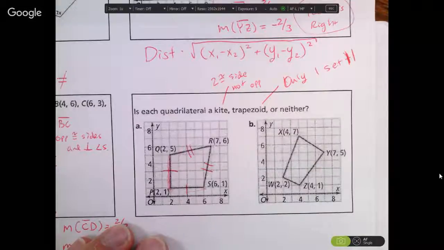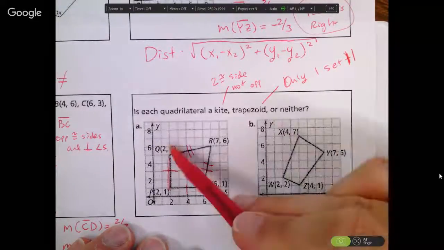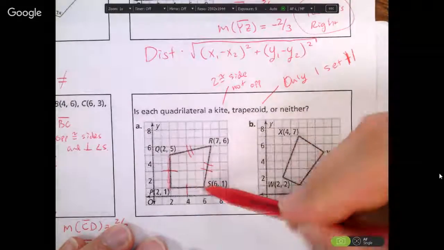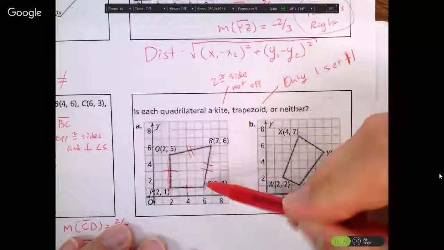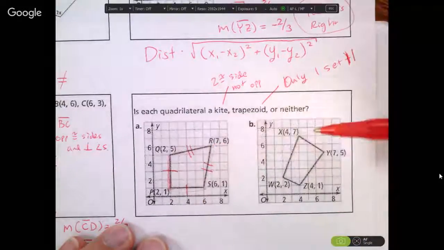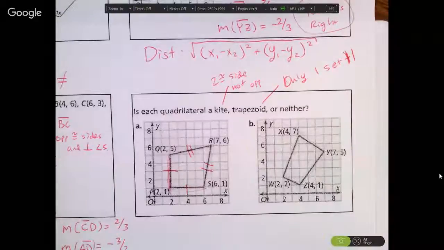What else do I need to know in terms of slope? What's true about a kite? The diagonals are perpendicular. That's true, but in terms of the sides, are there any parallel sets in a kite?